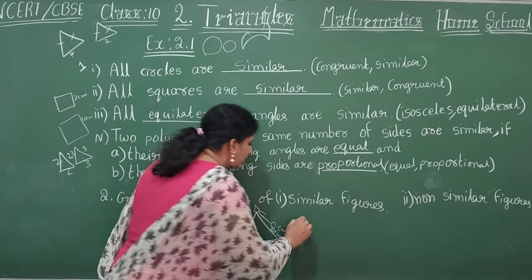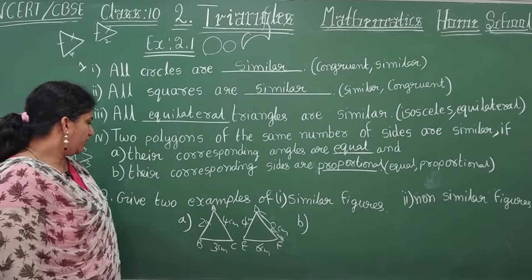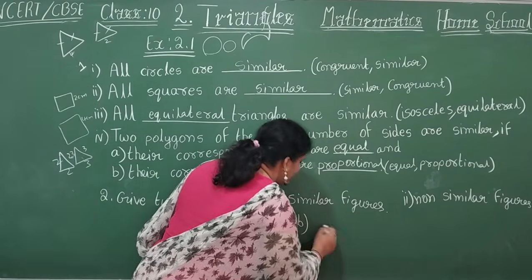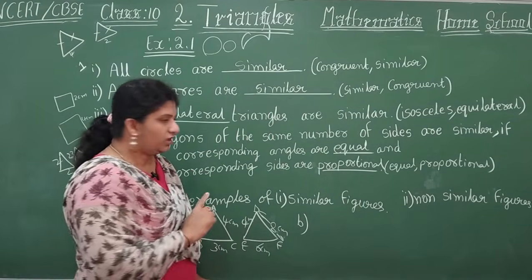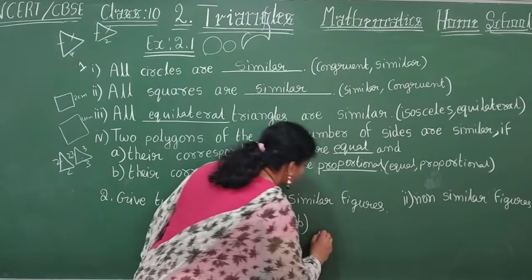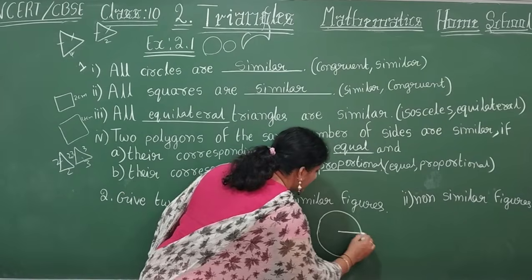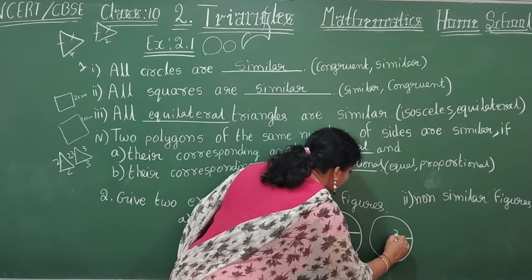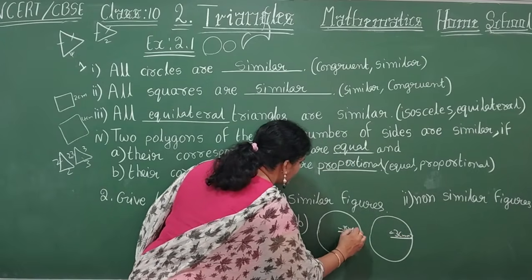One more example here, children. Two examples are asked, no? What are you going to write for similar figures? They did not ask us for triangles. So let me take two circles with the same radius, 3 centimeters, 3 centimeters.